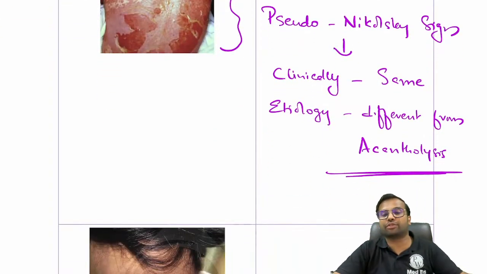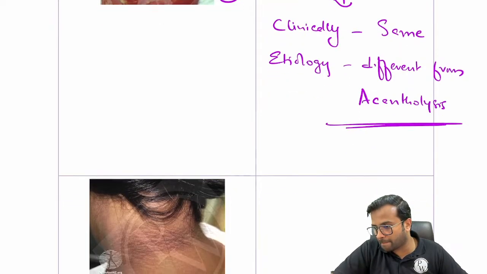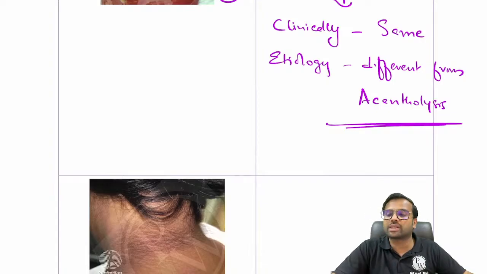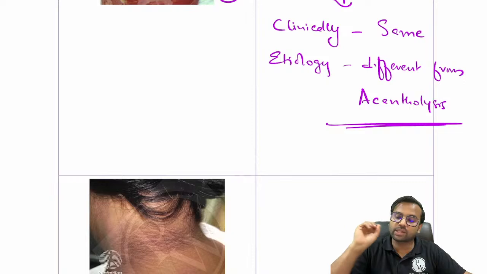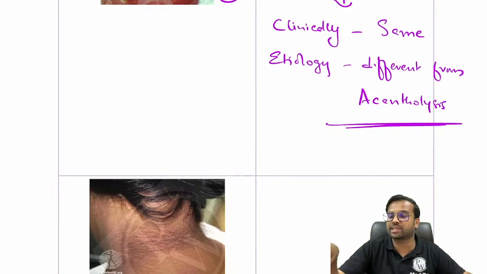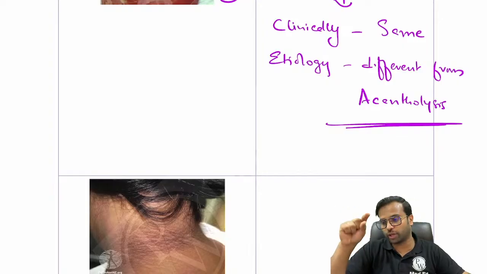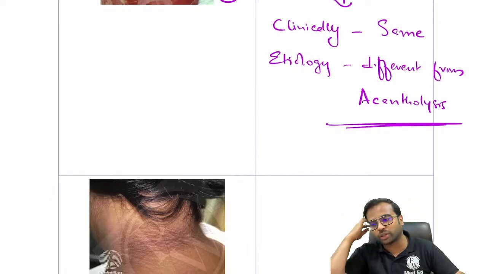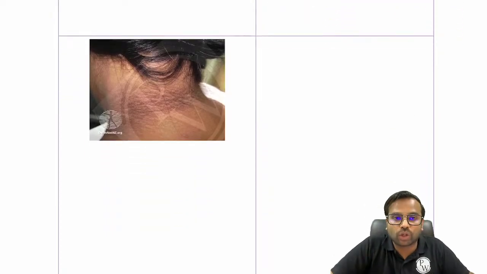Okay? Pseudo Nikolsky. I would say Nikolsky is seen in Staphylococcal scalded skin syndrome or Ritter's disease. Okay? So Dr. Deepaki, please note it: Staphylococcal scalded skin syndrome as Nikolsky and Stevens-Johnson syndrome as pseudo Nikolsky. Okay, please don't make this mistake on the day of exam. So that is one small correction that I would like to highlight.